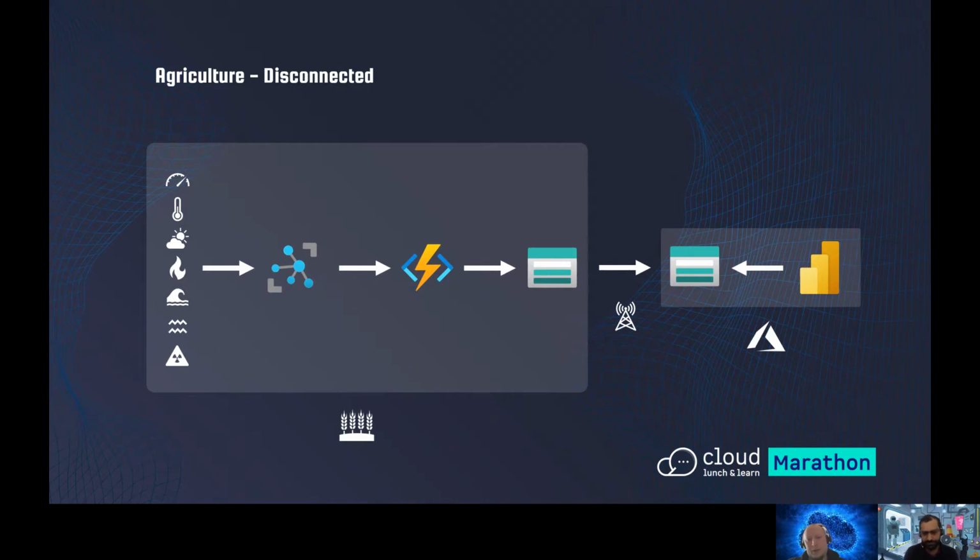And another use case for IoT Edge is predictive maintenance for machines, planting and harvesting machines, for example, because they're only used for a couple of weeks or months in a year. So they have to be reliable and work perfectly during those times, because otherwise you can't harvest or plant.